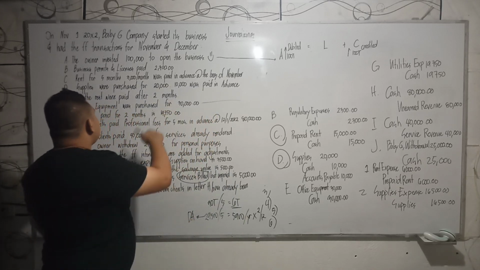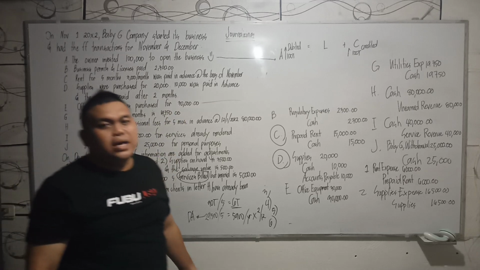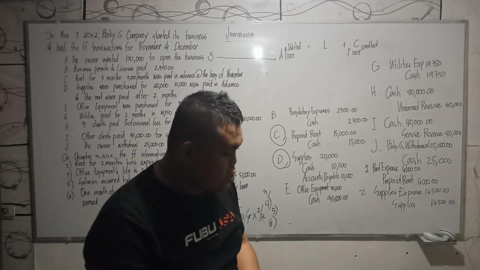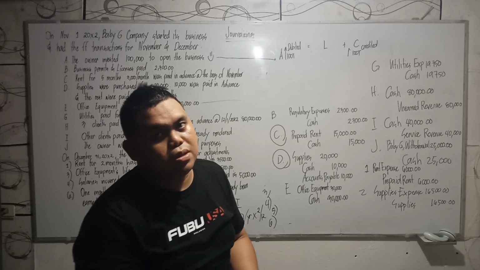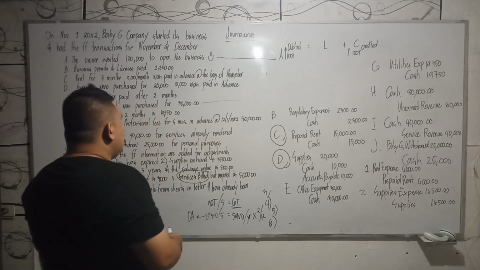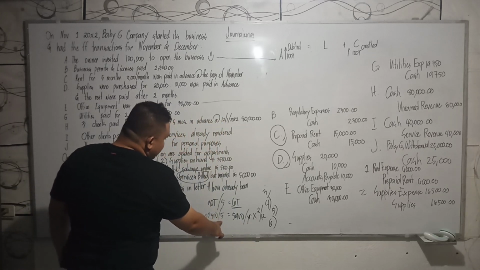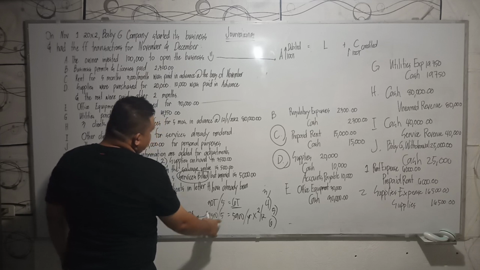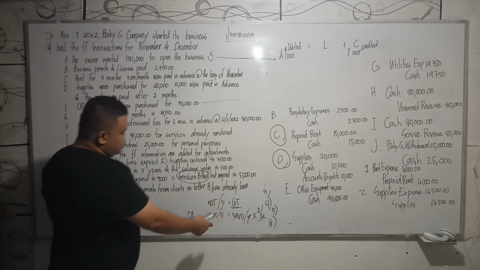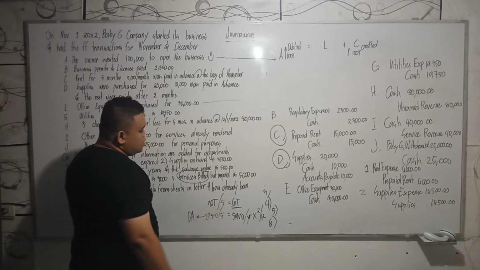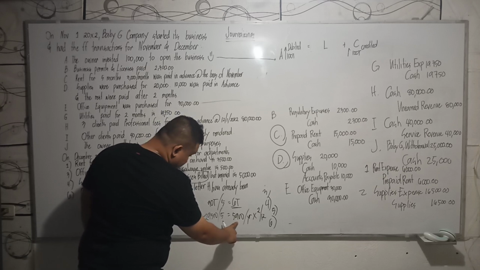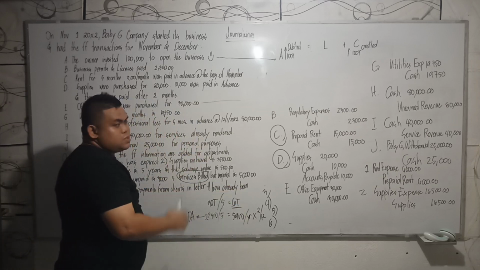Again, historical cost, which is the 30,000, minus the salvage value. That's the depreciable cost or depreciable amount. Okay? And after that, you have to divide it by the life of the office equipment. And you will get the depreciation per year. So this should be the expense every year of use.